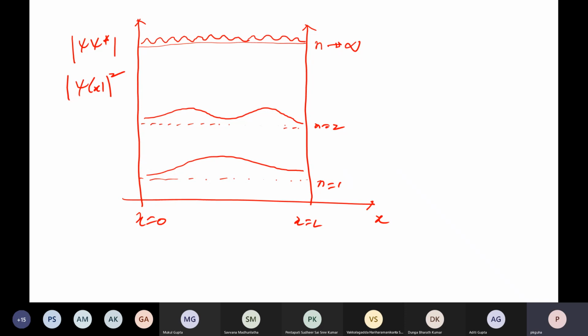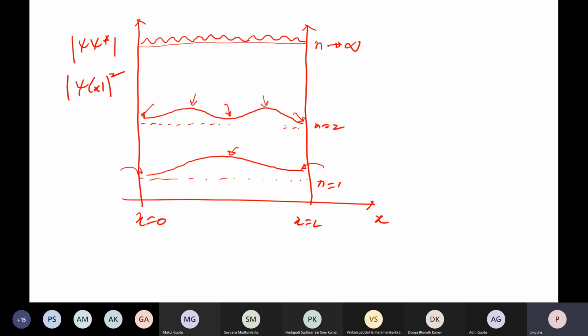Okay, and if you find the probability density, you will see that for n equal to 1, probability of finding the particle is maximum at the center, and then minimum near the wall. For n equal to 2, probability of finding the particle is minimum here, and minimum here, whereas it is maximum here and here.